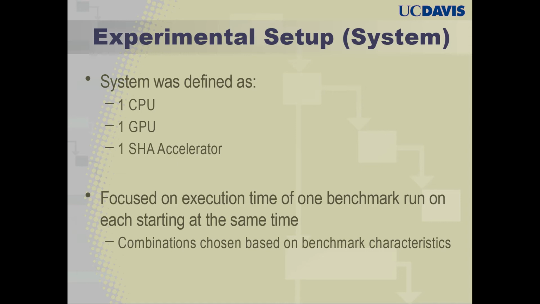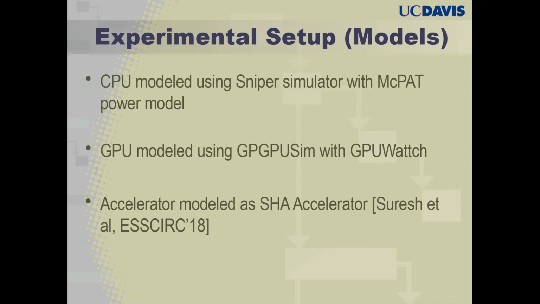And we made some novel combinations of those benchmarks based on their characteristics. The CPU we modeled using the Sniper simulator with the McPat power model. The GPU we modeled using the GPGPU simulator, GPGPU-Sim, with GPUWattch for the power model, and the accelerator was modeled using an analytical model based on the Suresh et al. paper of an SHA accelerator.